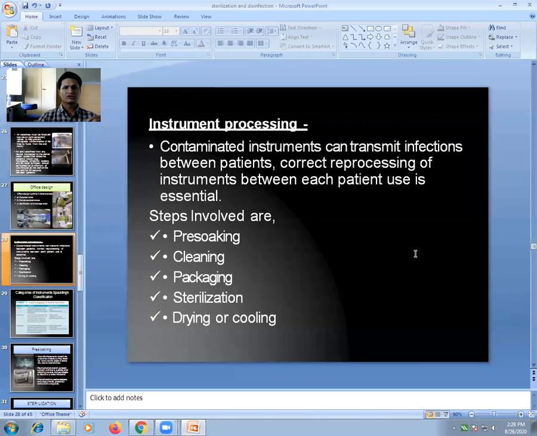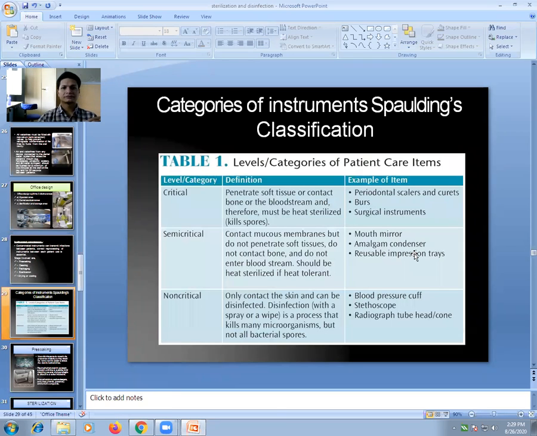Now instrument processing. Before sterilization or disinfection, these are the important things. The steps involved are pre-soaking, cleaning, packaging, then sterilization and then drying and cooling. So these are the levels, or you can call them categories, of patient care items: critical, semi-critical and non-critical. What are the examples for the critical category?